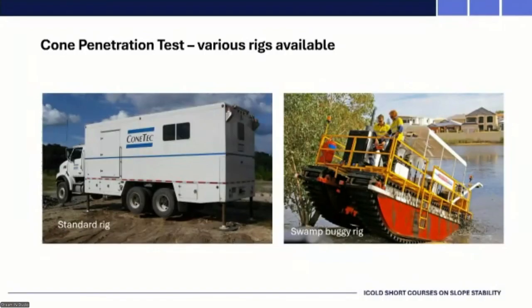So the photograph on the right is some kind of swamp buggy, and you can have contractors who can supply this kind of equipment. So you can get right out onto really, really soft tailings, perhaps even push through the decant pond areas if you really wanted to. There's a whole range of options in terms of the kind of gear that's available.